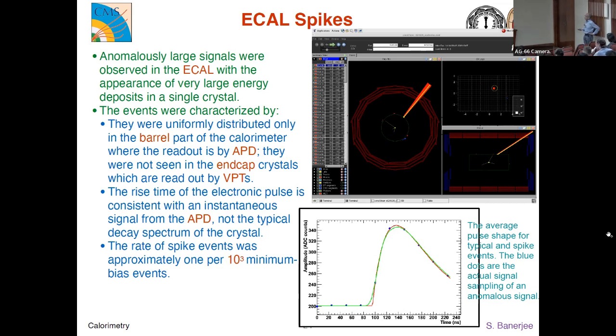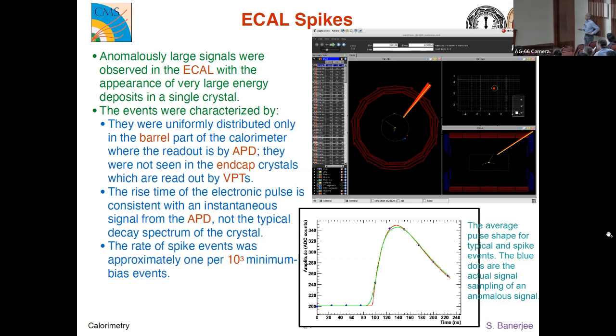And unfortunately, although we had two APDs attached at the end of a crystal, for the cost of the readout we combine them, so we have no idea whether the signal is coming from one APD or the other. So we are in the dark about that as well.